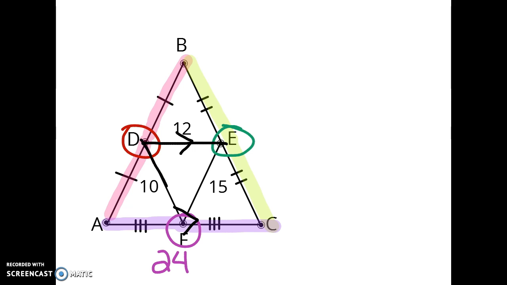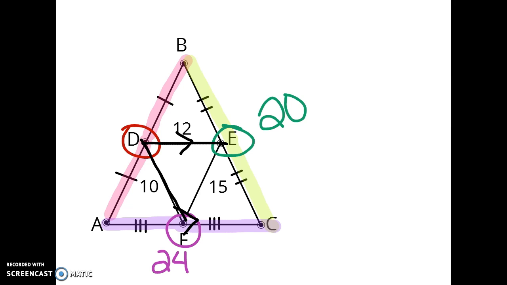If DF is the midsegment, because two midpoints are connected by it, and 10 is the length of that midsegment, that means BC must be 20.